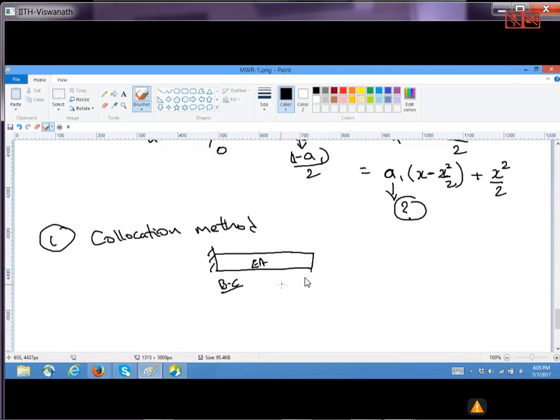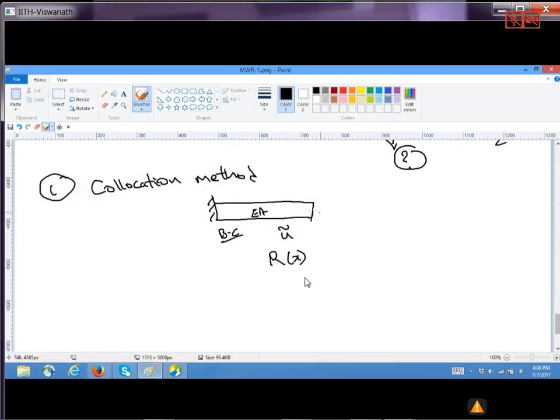Instead of u, you have u tilde, and you have a residue which is a function of x, which will vary depending upon the position. So what is the residue? Let us find out. Residue is d square u by dx square plus u tilde.